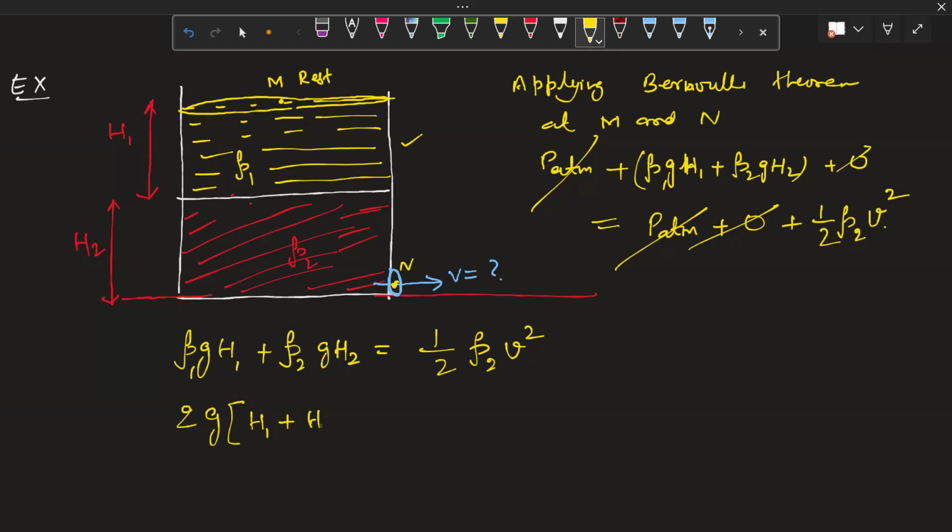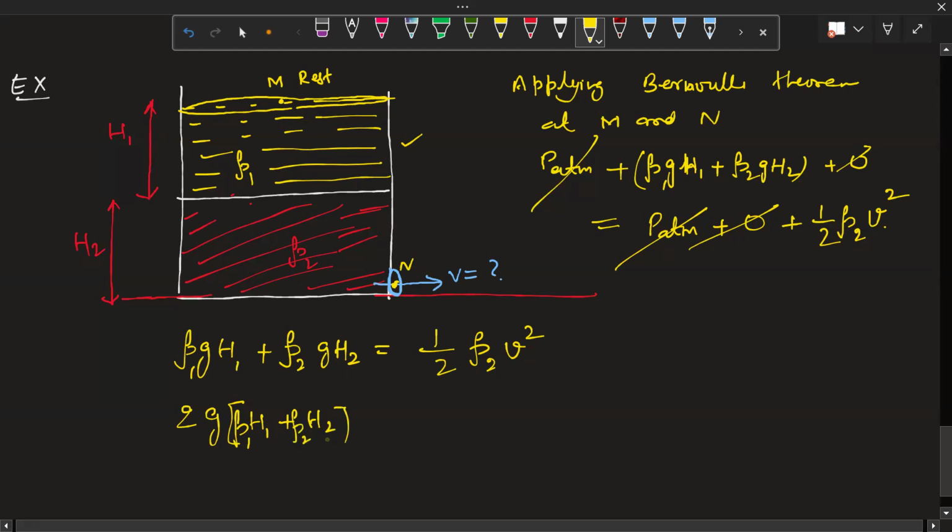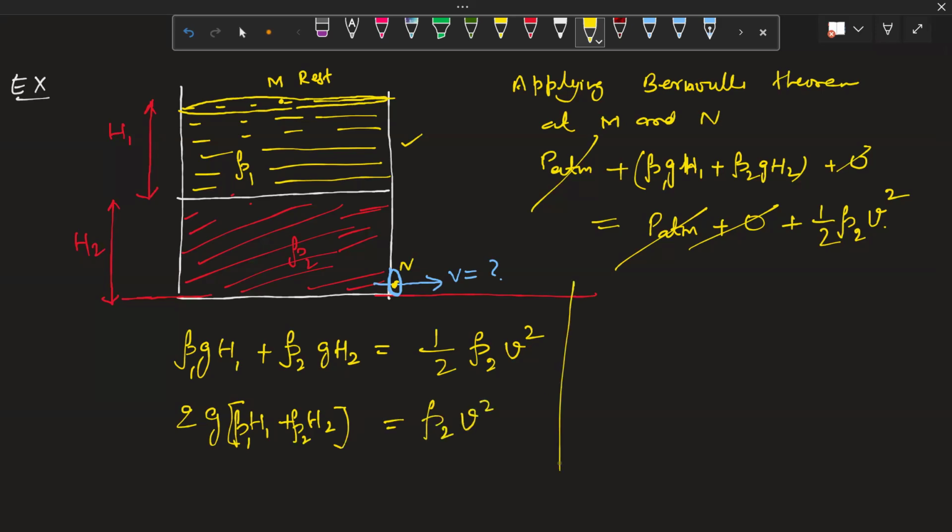Rho 1 h1 plus rho 2 h2 is equal to, this side is rho 2 V square. That means in this case, V square will be 2g into rho 1 h1 plus rho 2 h2 divided by rho 2.